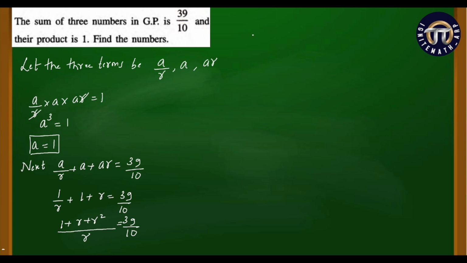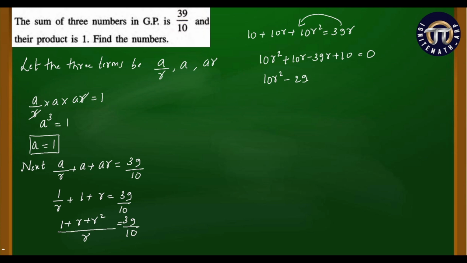So when I cross multiply, children, I would get 10 plus 10R plus 10R square is equal to 39R. Now since the highest power is 2, I get a quadratic equation over here. I can write this one as 10R square plus 10R minus 39R plus 10 is equal to 0, because this 39R is taken to the other side. So 10R square minus 29R plus 10 is equal to 0.